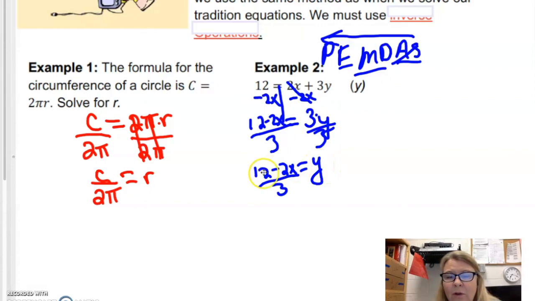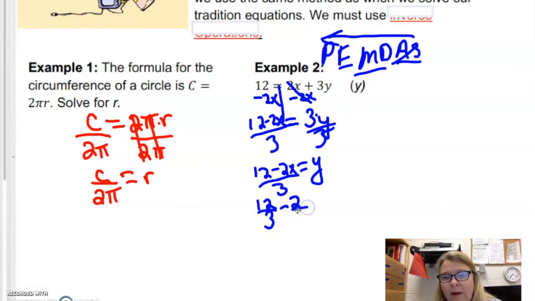But if you look at your numbers, you should notice that 3 goes into 12. And so there is some simplifying we can do. But we can't just cancel the 12 and the 3. Otherwise, this 2x over here wouldn't be divided by the 3. And everything has to be divided by 3. So let's break it apart. Kind of using the distributive property, we're dividing every part by 3.